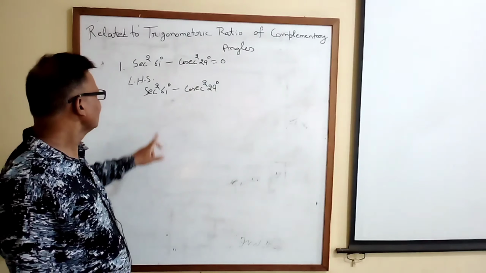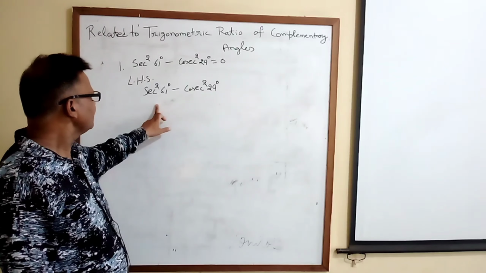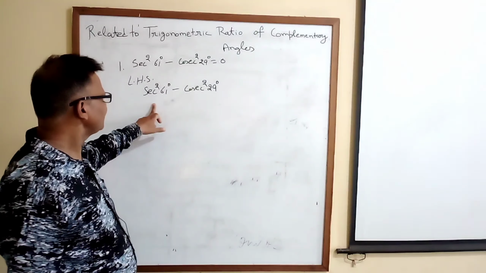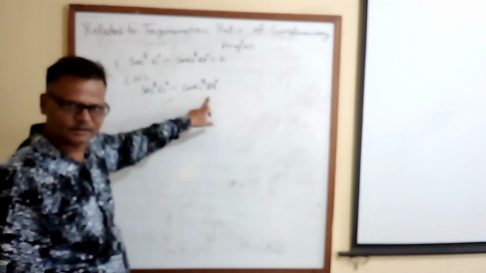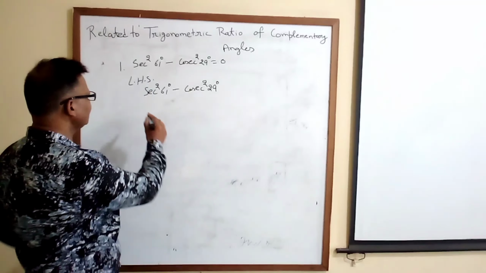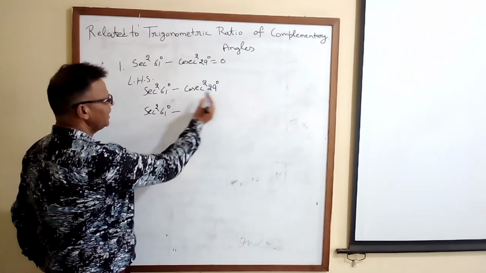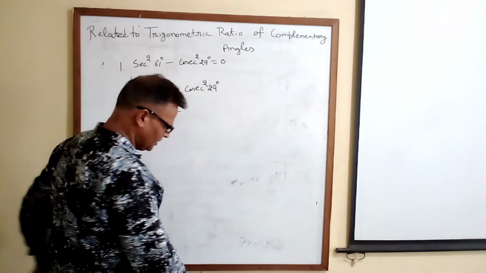Here, from these two terms, whether you change the first term or the second term, let the first term stay as it is, 61 degree, and change the second. How is it changing?